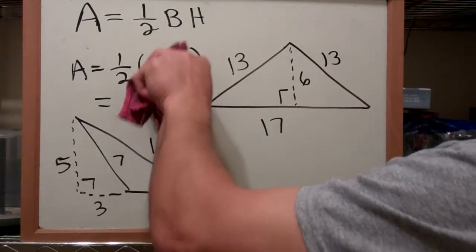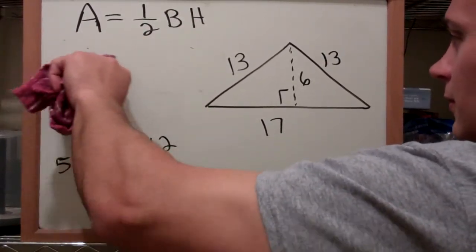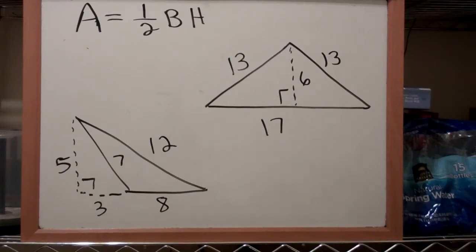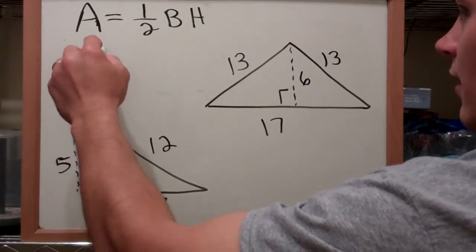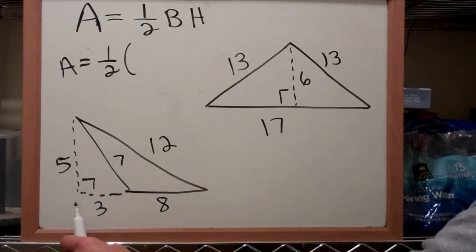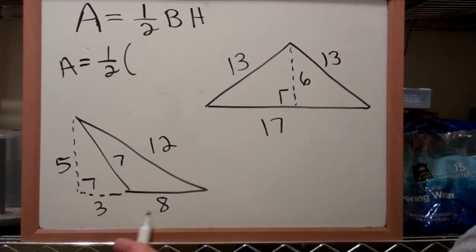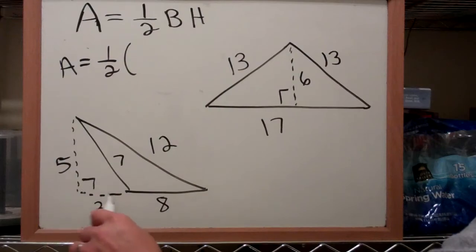Next, if we look at the other triangle, we can see that the height here is going to be 5. So area equals 1/2 the base. The base in this case would not be 11. So we wouldn't take the 3 plus the 8 and say 11. Instead, we're talking about just the length of the side that the height would intersect.